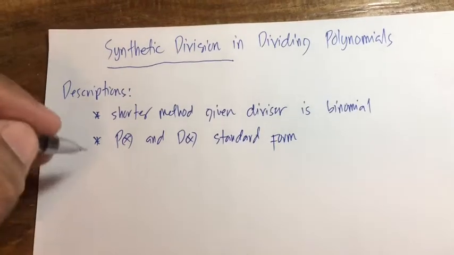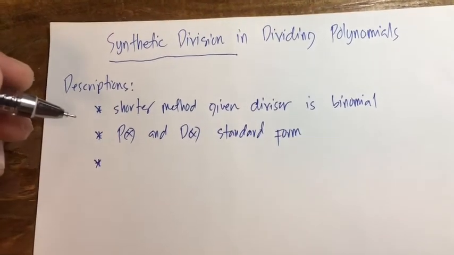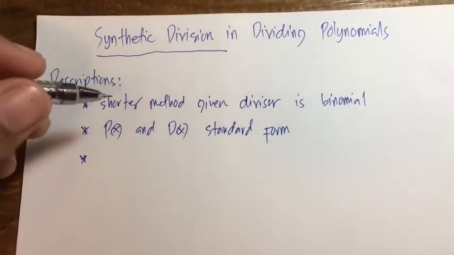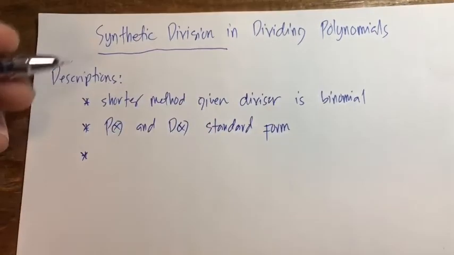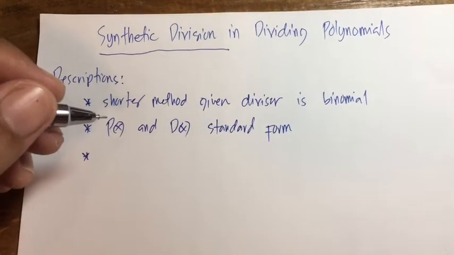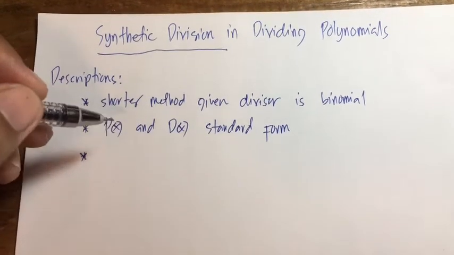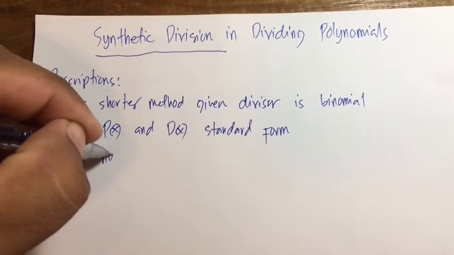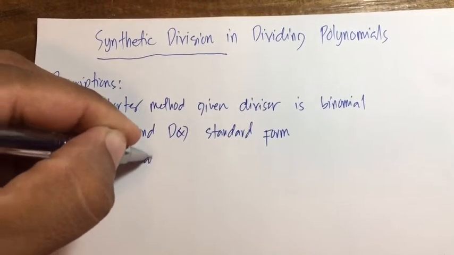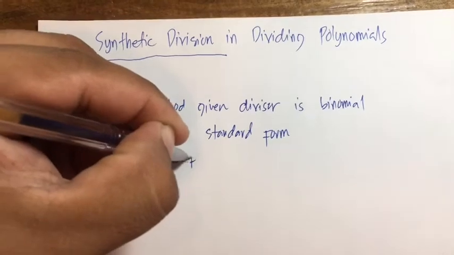Third, if we are sure that the dividend and divisor are in standard form, we utilize the numerical coefficients of the dividend.